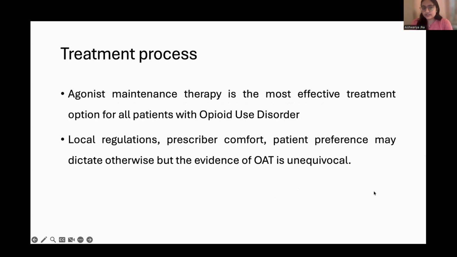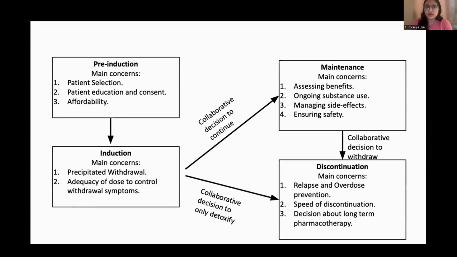The treatment process is known as opioid agonist treatment, and opioid agonist maintenance therapy is the most effective treatment option for all patients with opioid use disorder. There might be problems with regulations, prescriber comfort, and patient preference, but otherwise, the evidence for OAT is unequivocal, especially in injecting drug users.